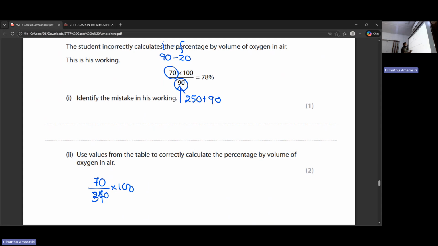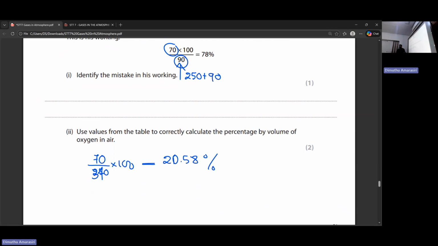So what's the value you get? 20.58%. They haven't told you to write it in any significant figures, so we keep it as 20.58.